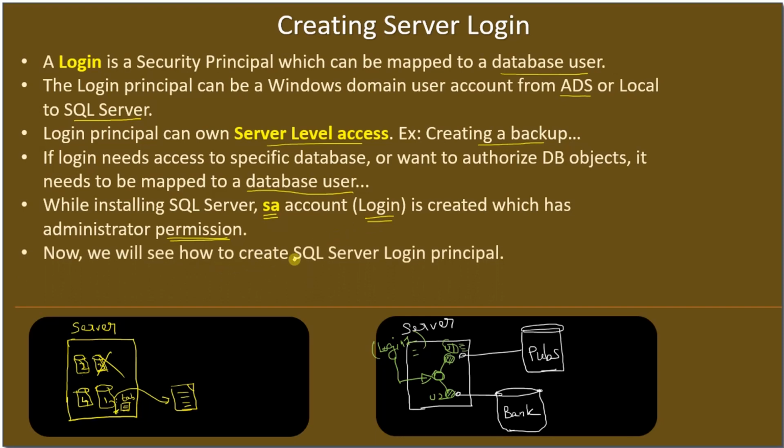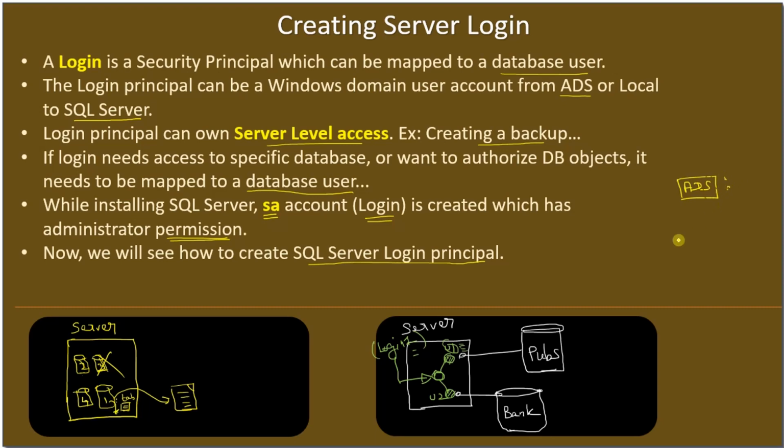Now we will see how to create a SQL Server login principal. Here we are talking about the SQL Server login principal, not the Windows principal. To create a Windows principal, you need access to Active Directory Service, ADS, so that requires a Windows Server machine.